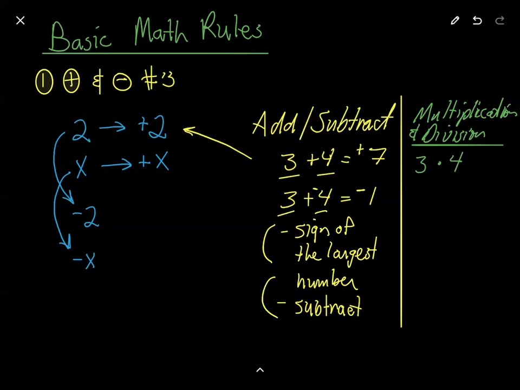By the way, the dot in the middle is the same thing as multiply. We use dots so you won't mix up the multiplication sign with the variable x. So a positive 3 times a positive 4 is a positive 12. A positive times a positive is a positive.